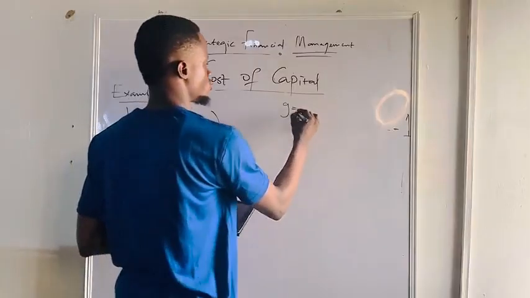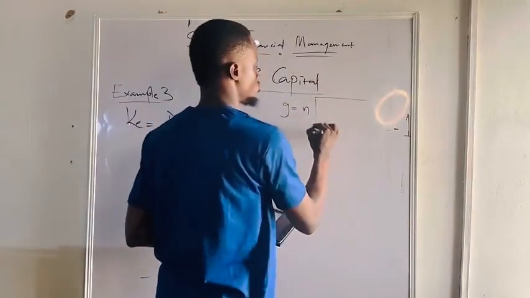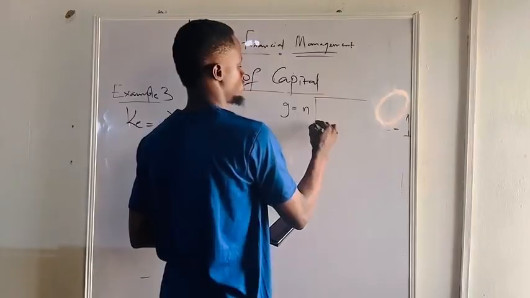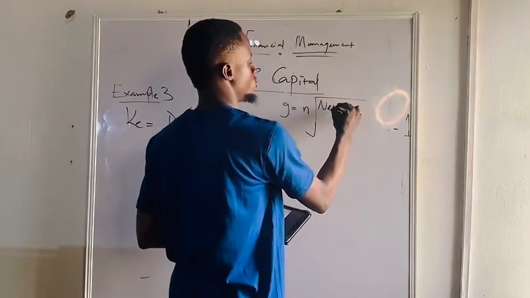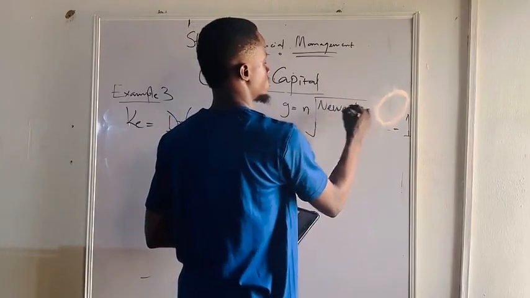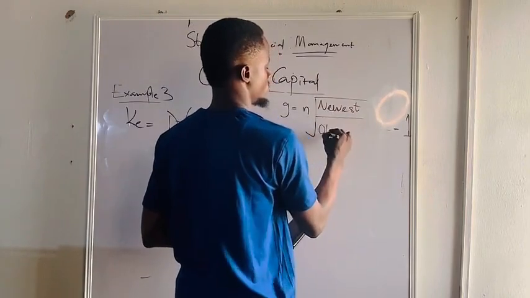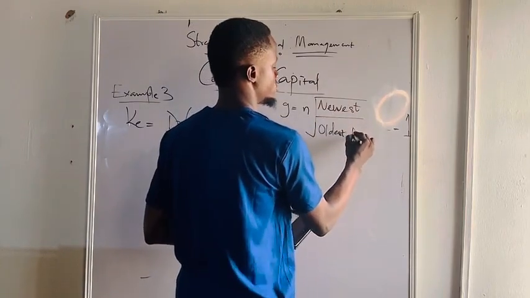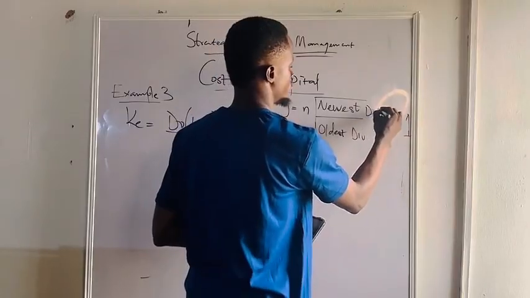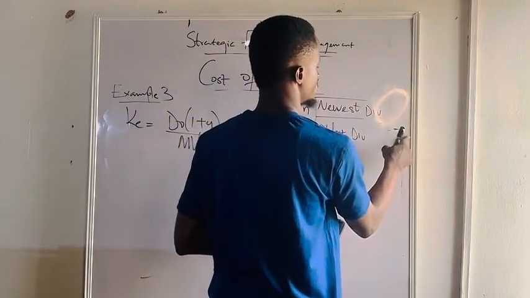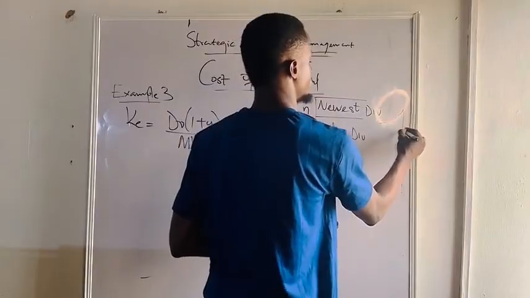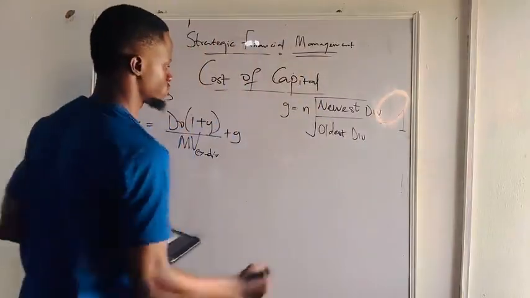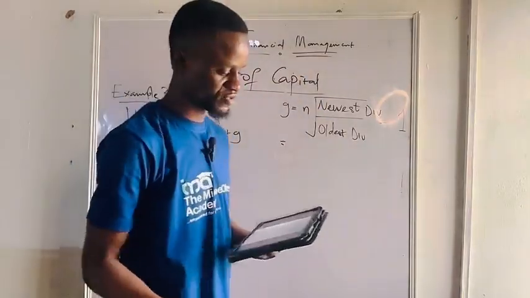G is equal to, and we are using historical method, it's going to be the newest dividend over the oldest dividend, raised to 1 over the number of years, minus 1, right? So what is the number of years?